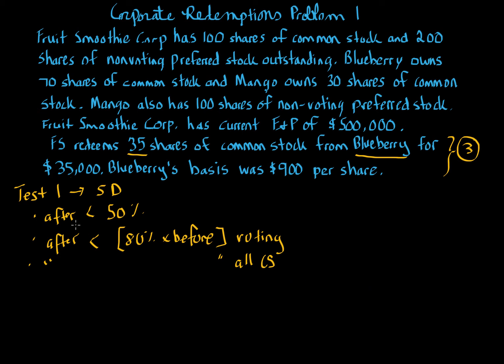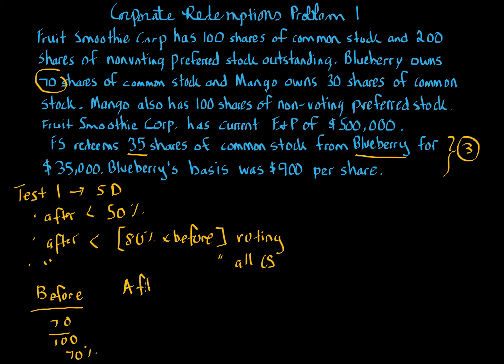So here we have Blueberry. Before the transaction, Blueberry owns 70 shares out of 100 shares outstanding. So the before percentage is 70 over 100, which is 70%.